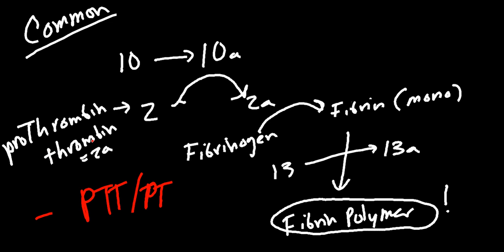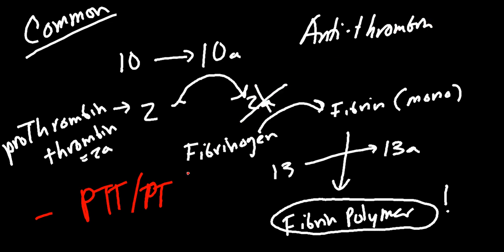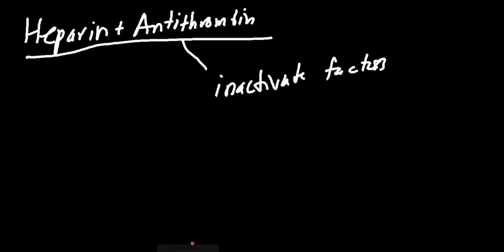Factor 2 is called prothrombin, and its active form is called thrombin. So we're talking about a molecule called antithrombin. What do you think antithrombin is going to do? It's going to say, hiya, and karate chop factor 2. It's going to inactivate factor 2.